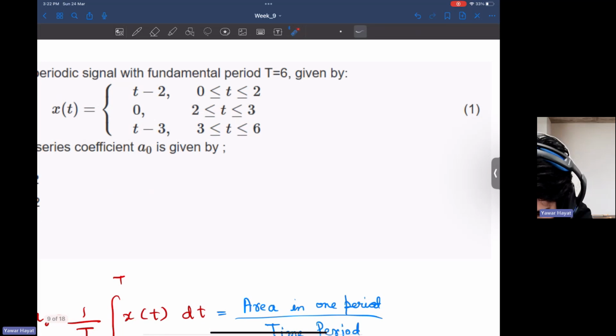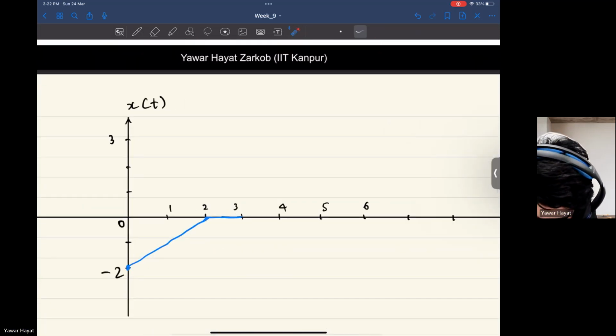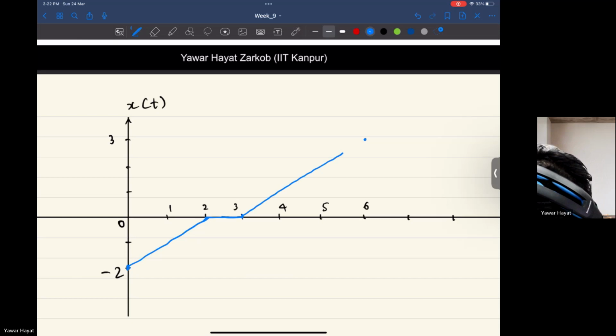So it varies linearly from 0 at t equal to 3 to 3 at t equal to 6. The point 3 is somewhere here. So join this.